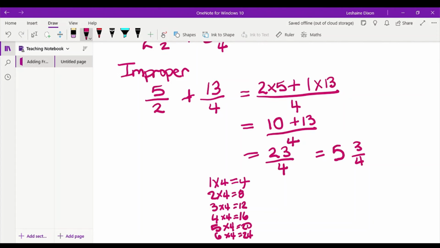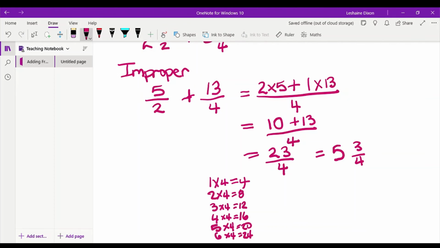So just taking a look at this, we don't have 24 at the top. I know that 24 divided by 4 would give me 6, but I don't have 24, so I say okay, 20 divided by 4 gives me 5 wholes and 3 on the outside.